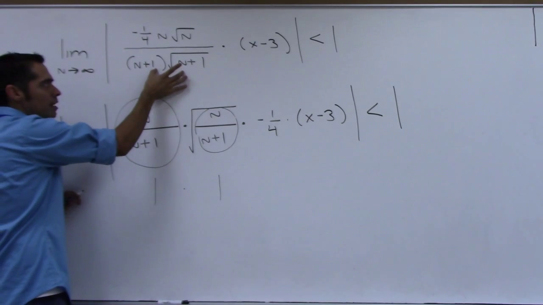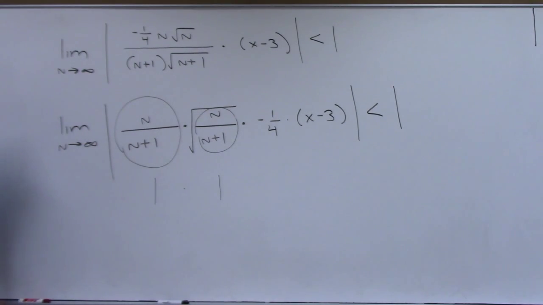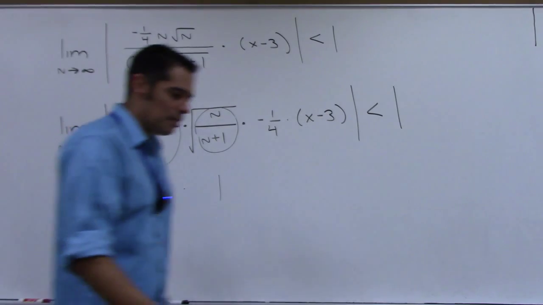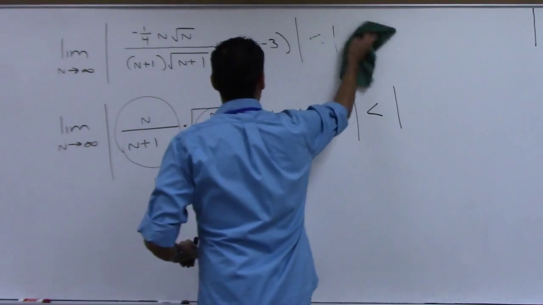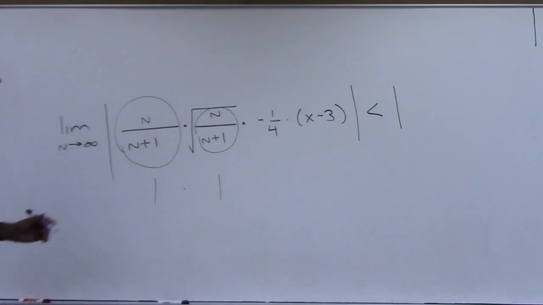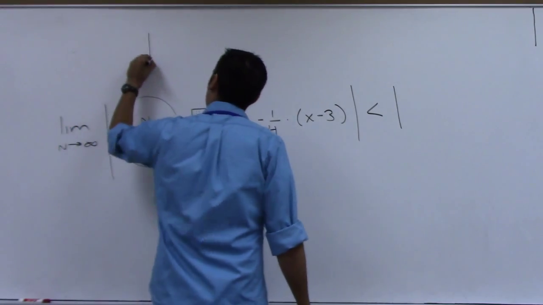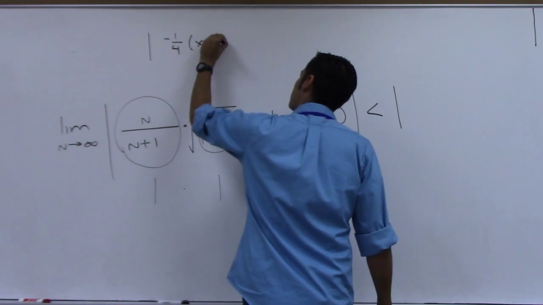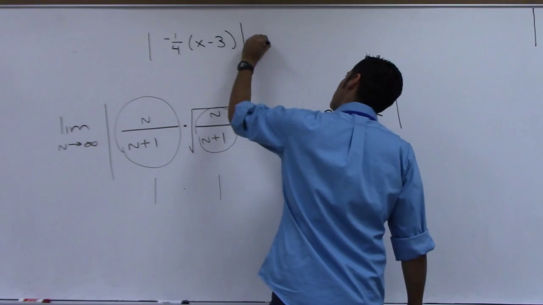Like derivative of the bottom would be product rule. And so I can do away with the limit now. So now I have absolute value, negative 1/4 times x minus 3 less than 1.